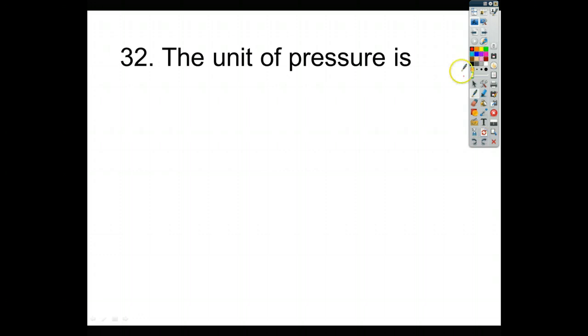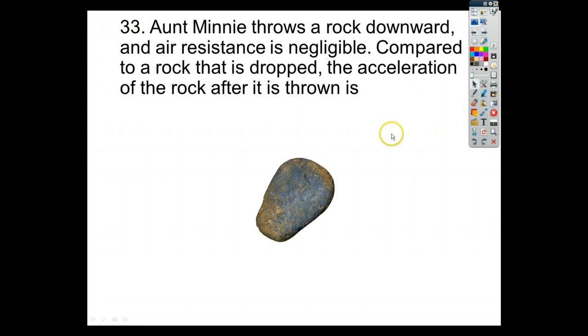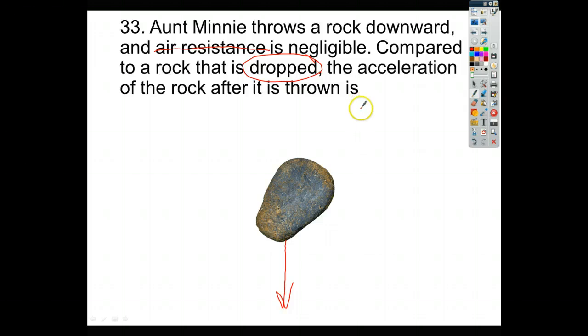Number 33 says Aunt Minnie throws a rock downward, and air resistance is negligible. That means that we don't have to worry about air resistance at all. So we're just going to cross off the air resistance. We know that the rock has been thrown down this way. Compared to a rock that is dropped, the acceleration of the rock after it's thrown, and this is a trick question, it doesn't matter.